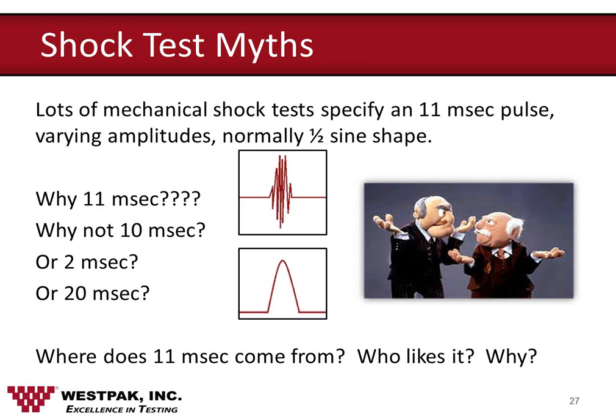It turns out that the 11 millisecond pulse came from, of all things, an old shock test machine. It was a Berry sand dropper, in fact, and there are a lot of myths about it, but the story that's often told is that the shock pulse produced by this particular machine was so noisy, as you can see in this generalization here, that no one could figure out what the exact duration was.